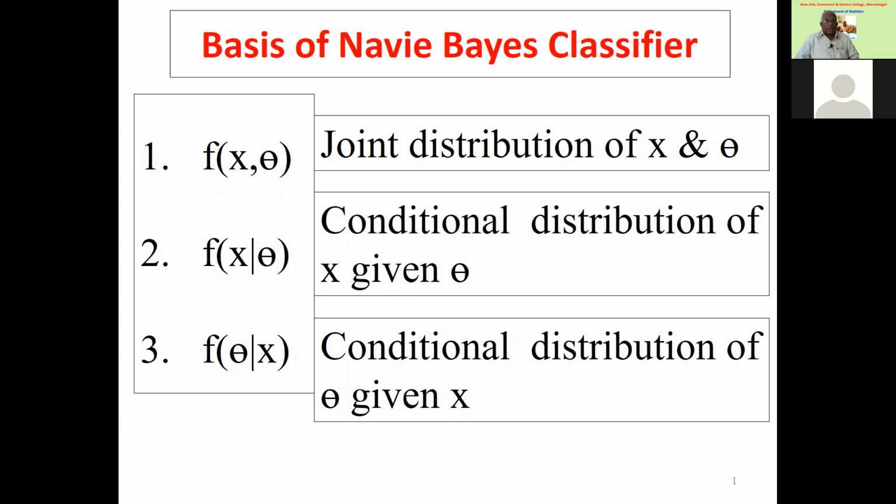When you write f of x given theta, it's a conditional distribution of x given theta. That means random variable is x. It can take all possible values. But theta is fixed. Parameter is fixed.